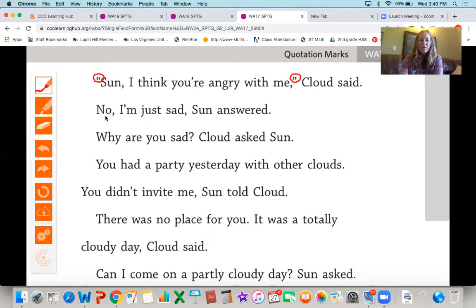So let's look here. This is the beginning of a conversation, dialogue between Sun and Cloud. "Sun, I think you're angry with me," Cloud said. "No, I'm just sad," Sun answered. So where are we going to put those quotation marks? Because Sun now is speaking, answering back to Cloud. Right, we need to put them right here.